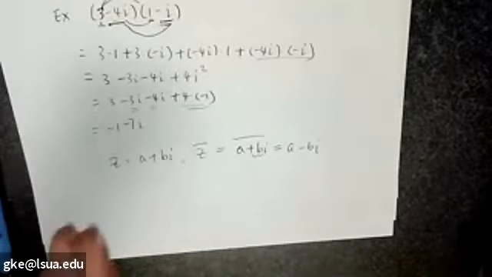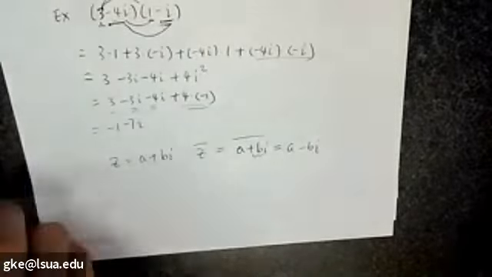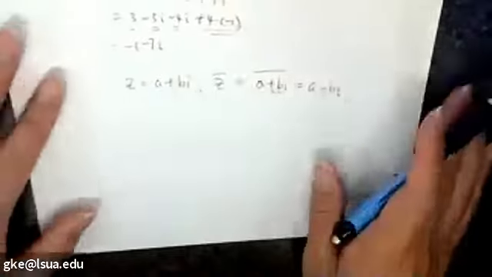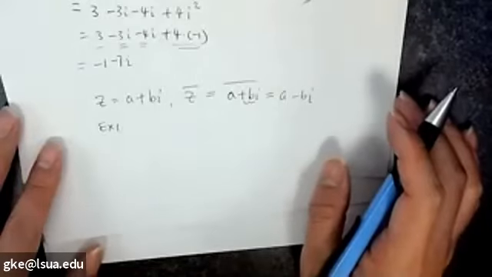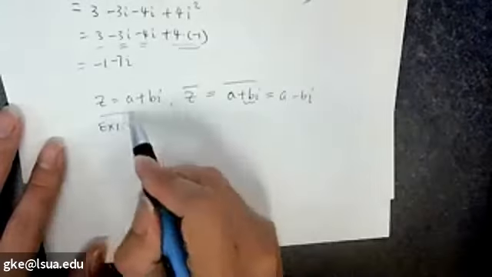Clear? Very simple, right? Now I'm going to give you guys some examples. What was that example called? What section did it fall under? Is it subtraction, multiplication, that type of example? Oh, you mean here?